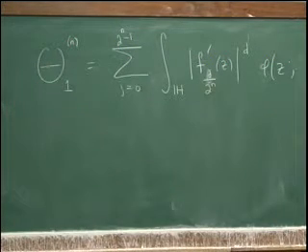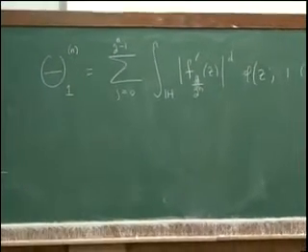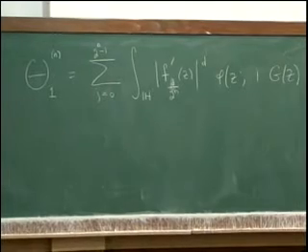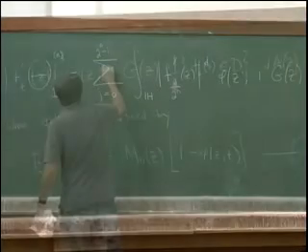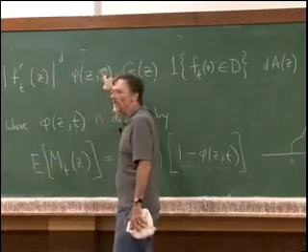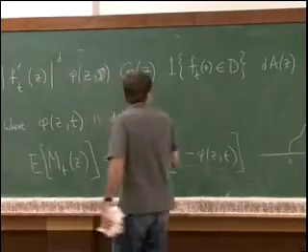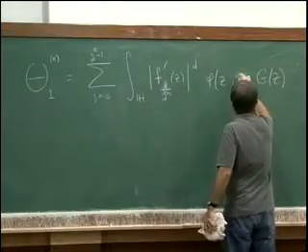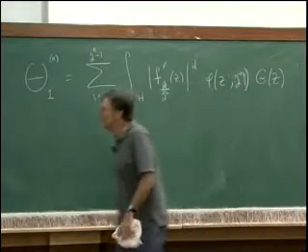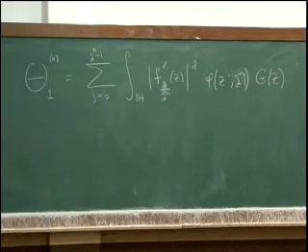Excuse me, there's an error in this formula. That should not be t. That should be my time increment. This should be the time increment here. So this is t plus s.